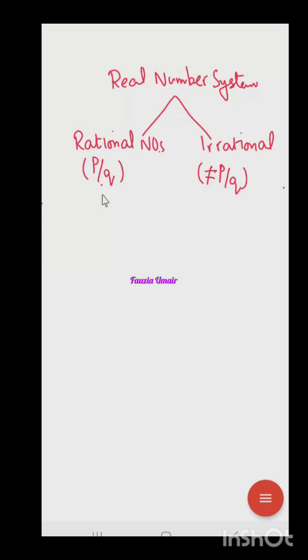So there are integers, you know that. So integers sub part is whole numbers, we have just discussed them, whole numbers, and lastly there are natural numbers. Okay, this is the real number system.